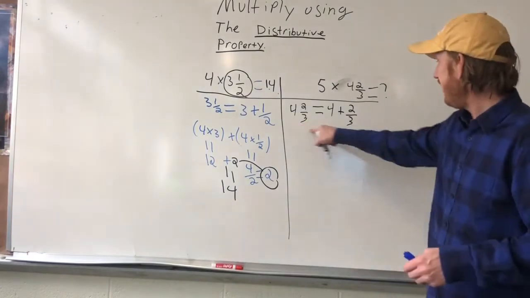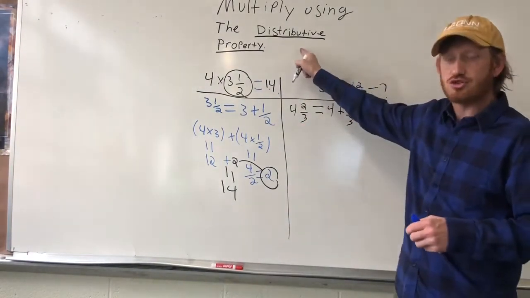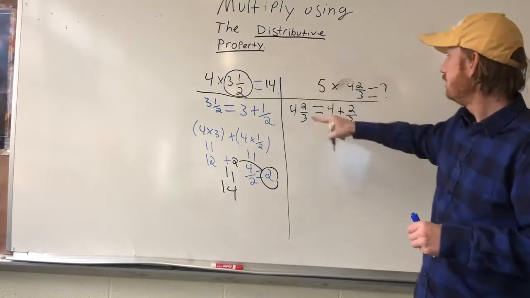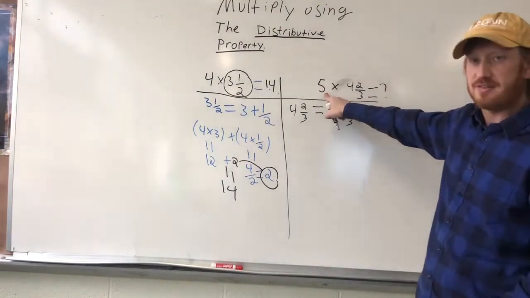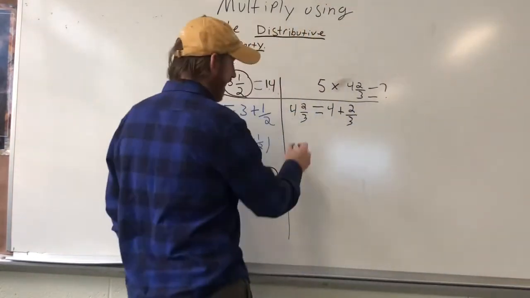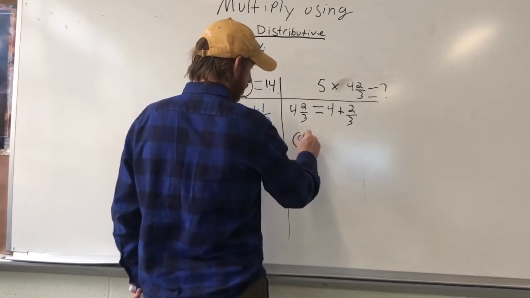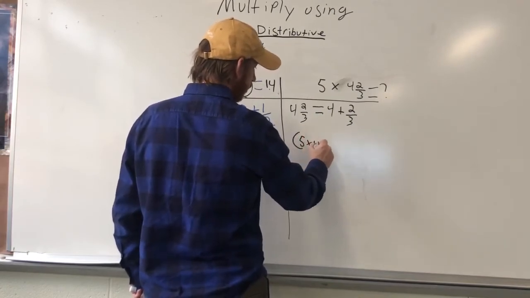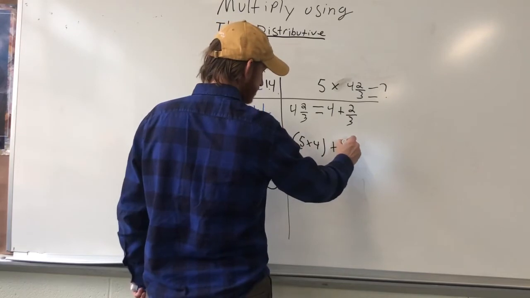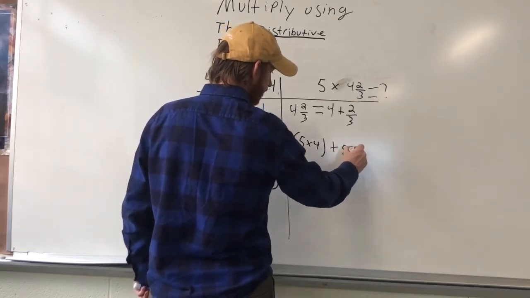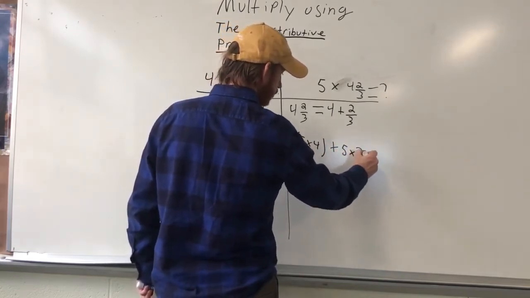Now that I've done that, I can continue to use the distributive property to multiply both by 5. So we'll have 5 times 4 plus 5 times 2 over 3.